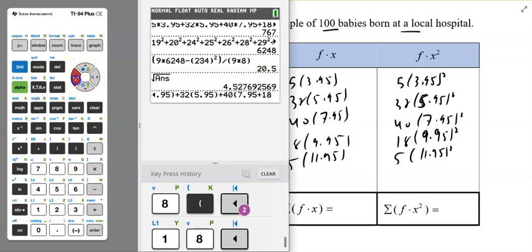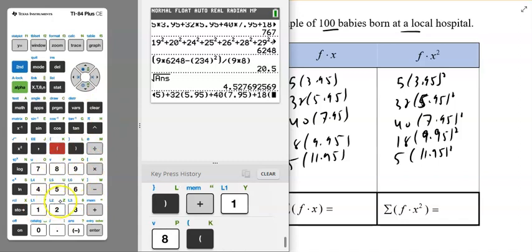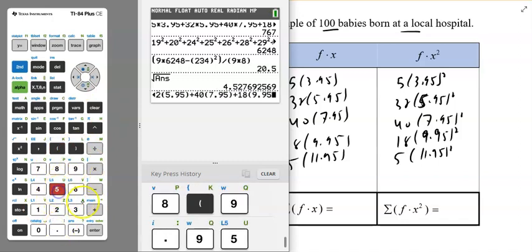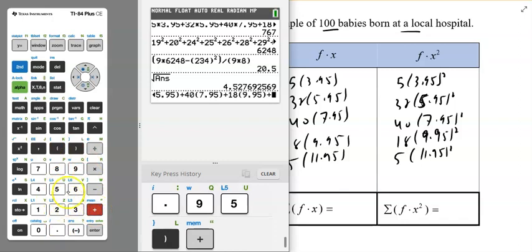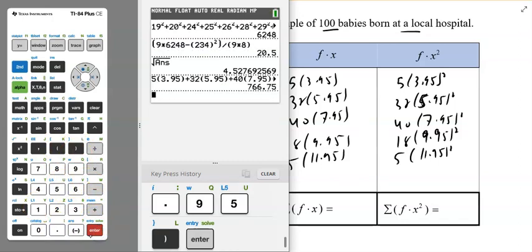Oops, I messed up big time. Plus 18 times 9.95 plus 5 times 11.95. I should be getting a total of 766.75.